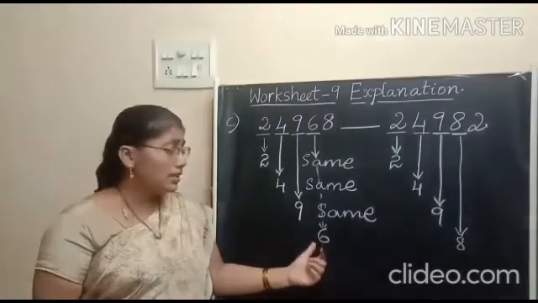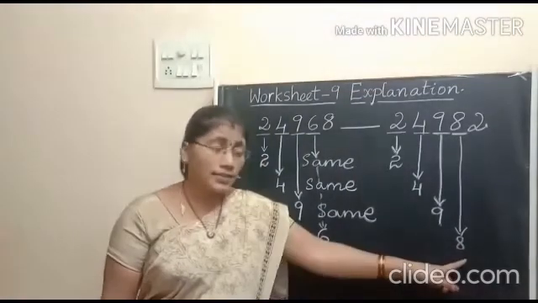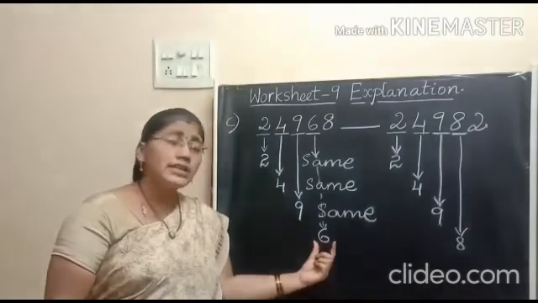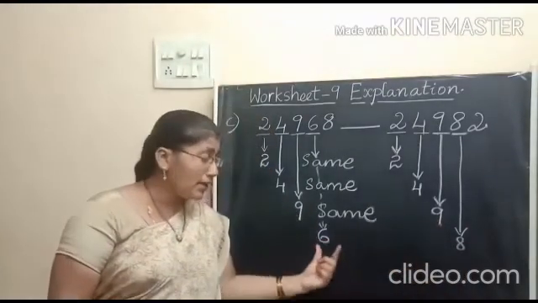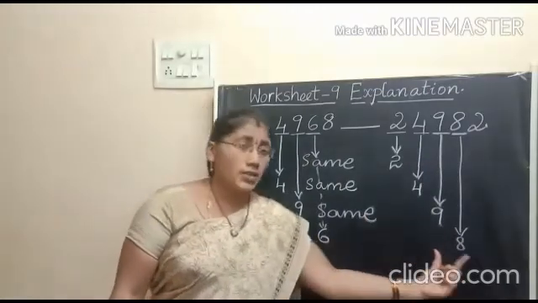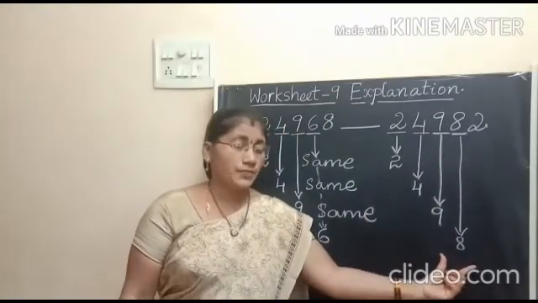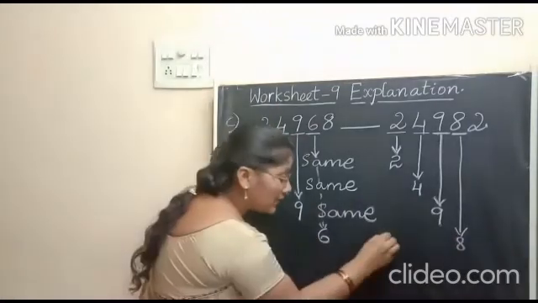Okay, 6 is less than 8 because this is a smaller one and this is a bigger one. Now we are comparing a smaller digit with a bigger digit, so we have to use the less than symbol.